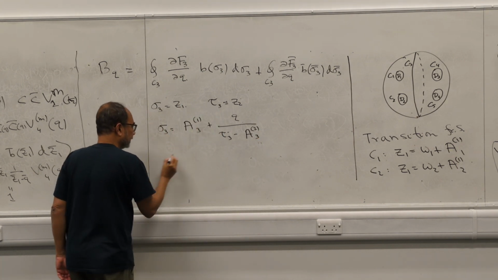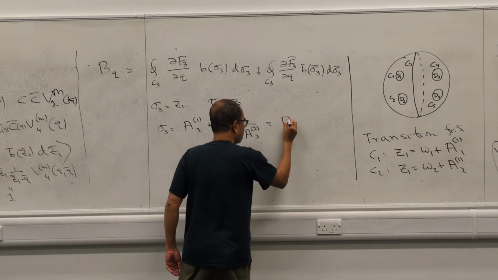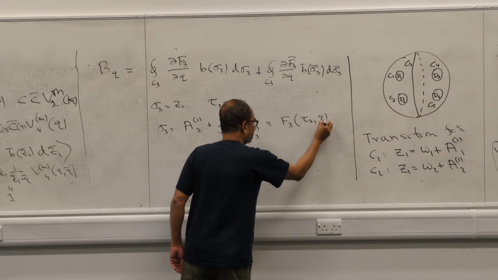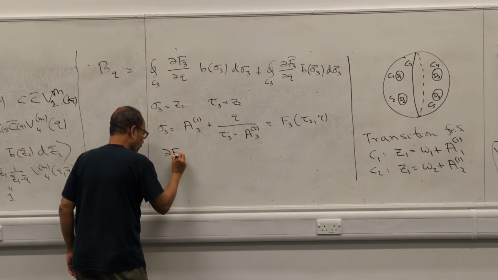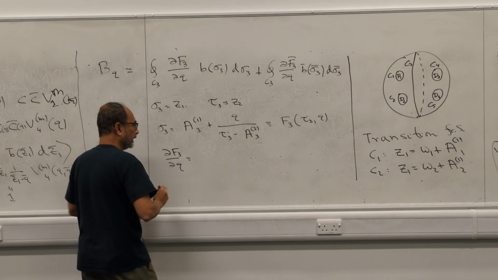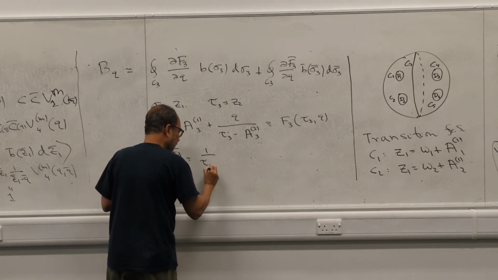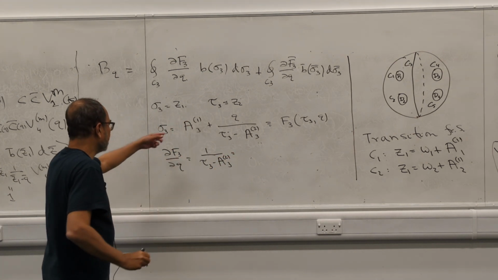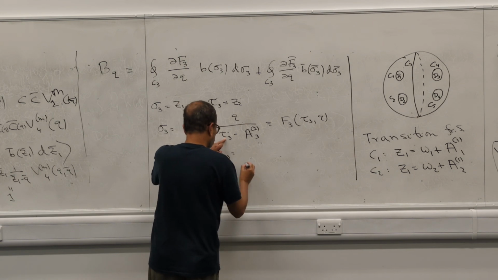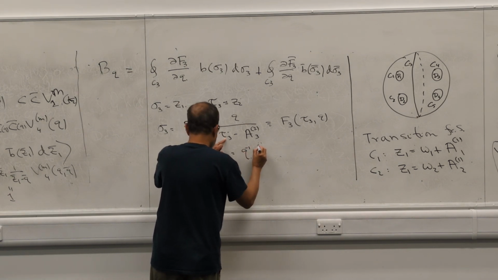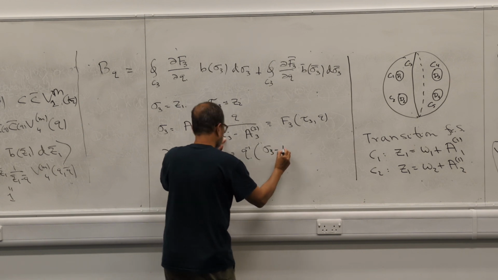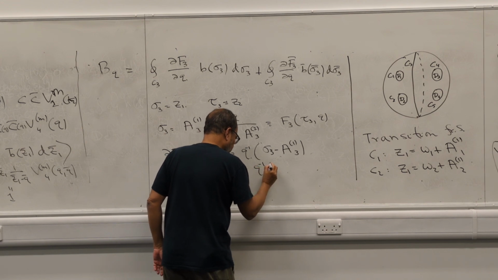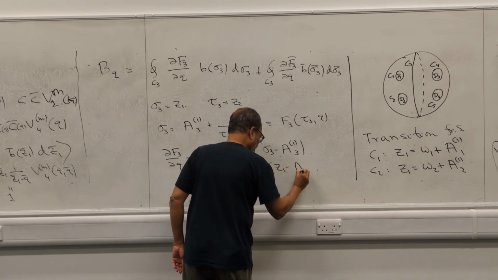Okay, so then this is our F. So ∂F3/∂Q is 1 over tau 3 minus A23. I write it in terms of Z1. So 1 over tau 3 minus A23 is Q inverse times sigma 3 minus A13, which is Q inverse times Z1 minus A13.